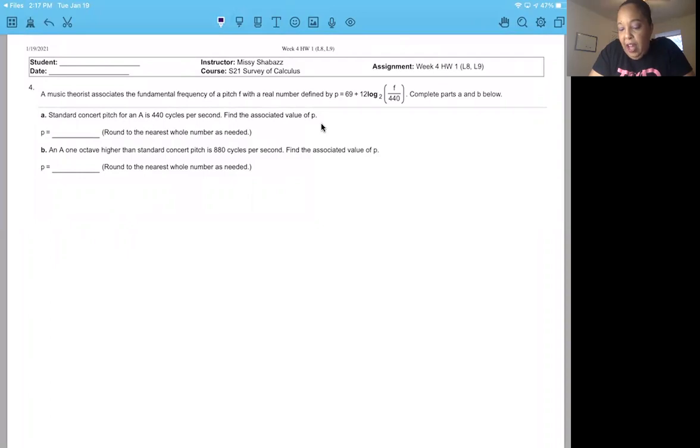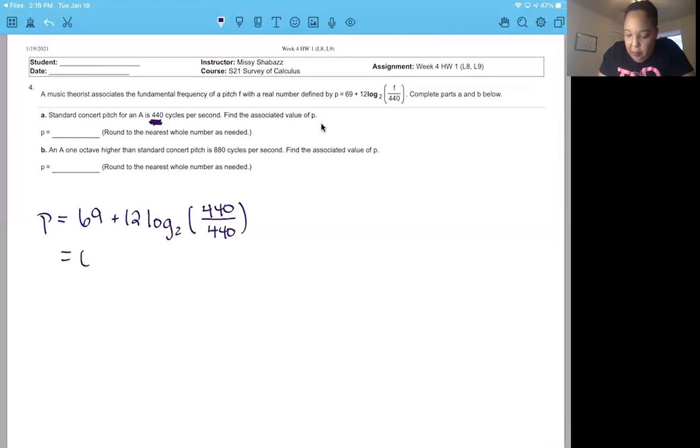Find the associated value of P. So I'm going to plug in 440. So P equals 69 plus 12 log base 2 of 440 over 440.